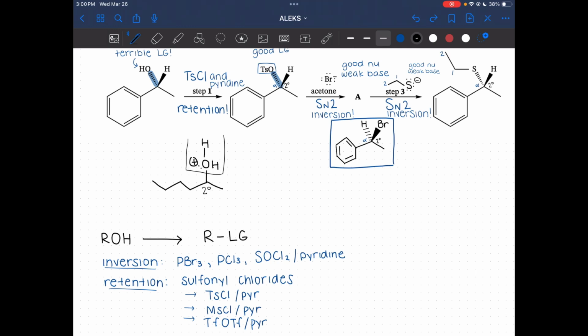In this case, this water is such a good leaving group that it's kind of an exception that it will also leave at a secondary carbon. So this whole thing would leave, and we'd be left with a carbocation.